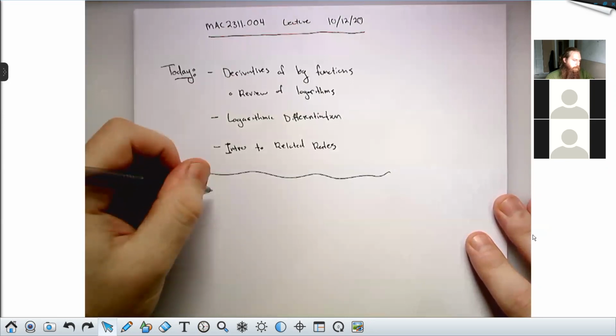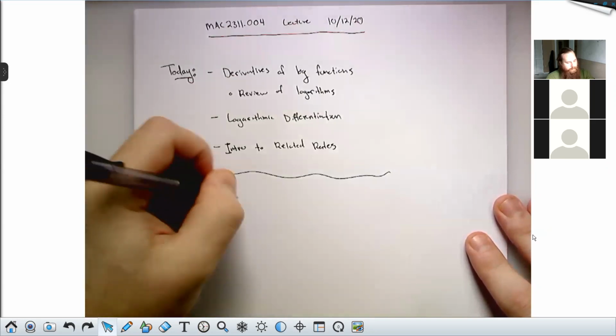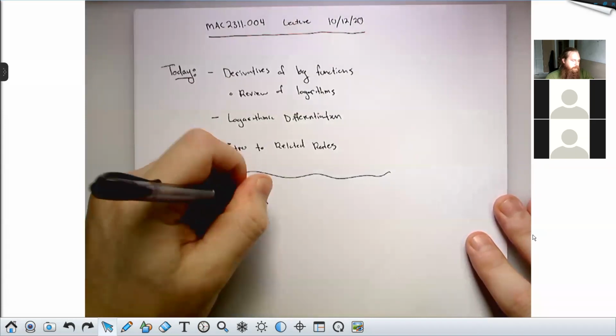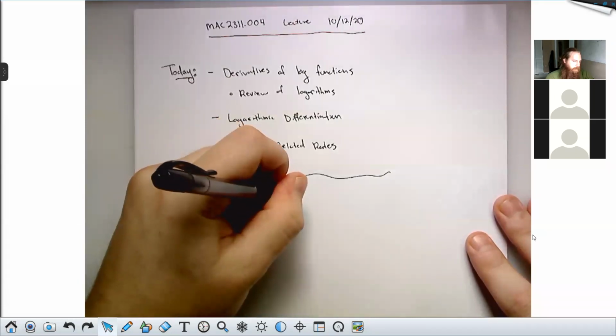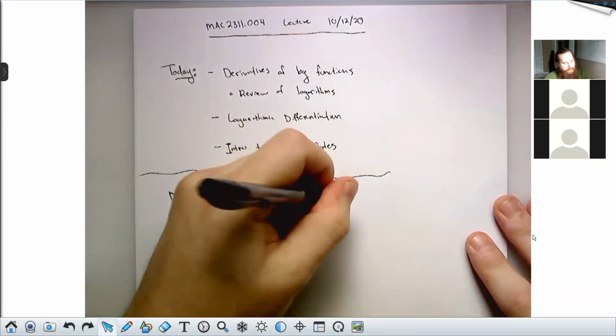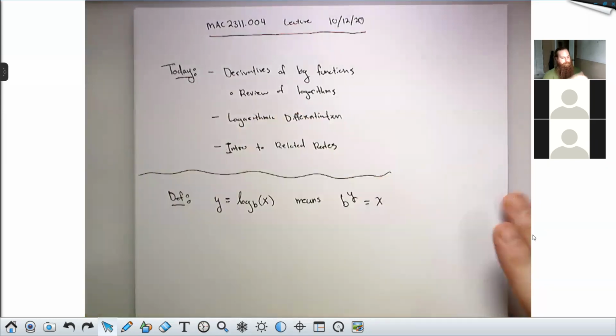So the base b logarithm is defined through the rule that y is equal to the base b log of x means that b to the y is equal to x.